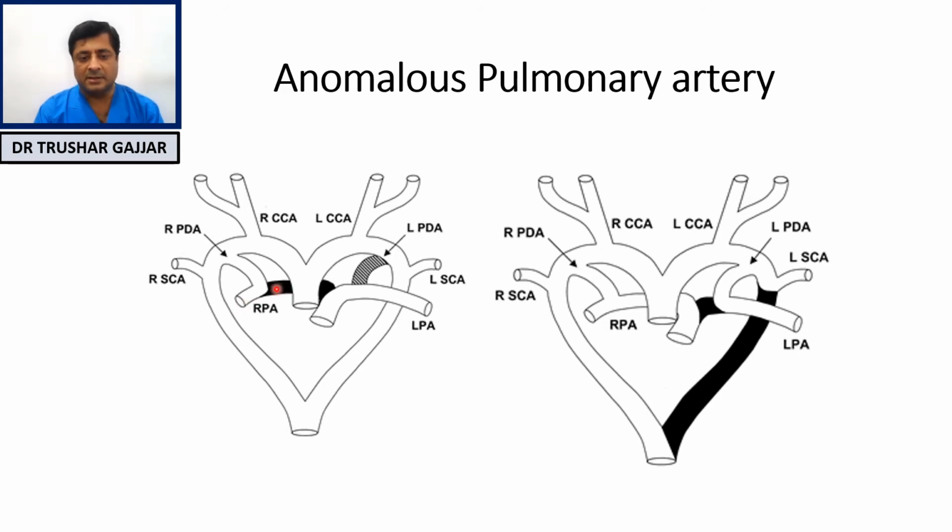And the proximal portion of the sixth arch on the right side disappears. So this will lead to the formation of right PDA continuing as an RPA and absent right pulmonary artery from the main pulmonary artery.